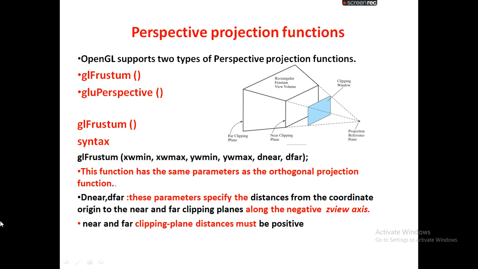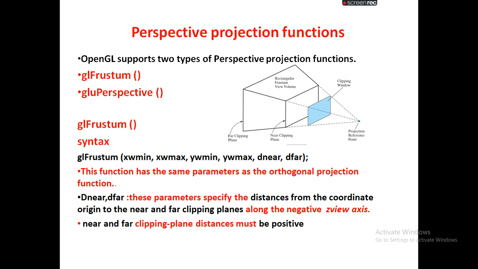As you can see, GL frustum again takes 6 parameters only. GL ortho also takes 6 parameters, and GL frustum also takes 6 parameters. The reason for taking 6 parameters is that we want to create a cube of different shape or different structure.